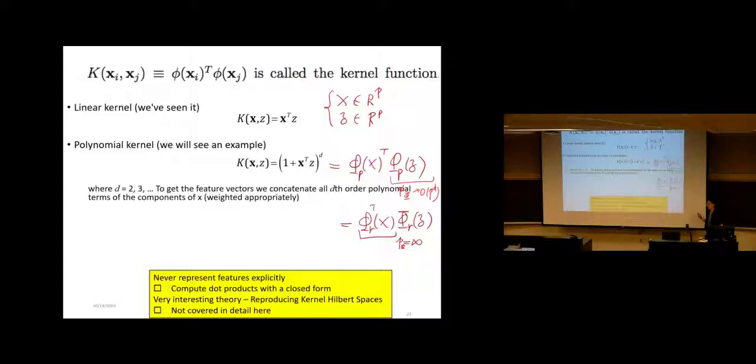Why is this good? Instead of having this explicit expansion of each x onto polynomial degree d, and then doing the inner product of phi(x) transpose phi(z), I'm just directly designing the polynomial kernel, the polynomial similarity, as (1 plus x transpose z) to the power of d. Why is this representation good?